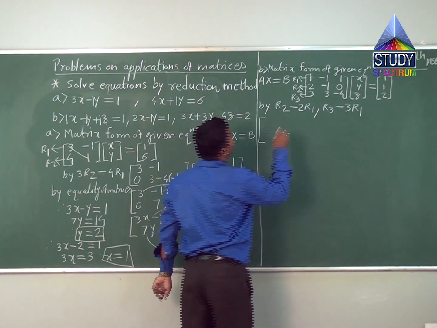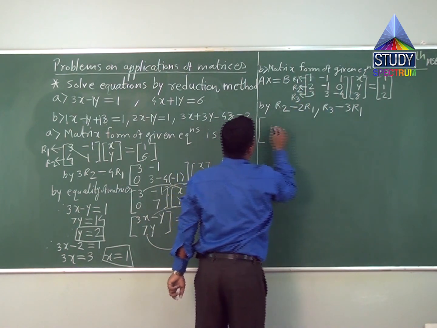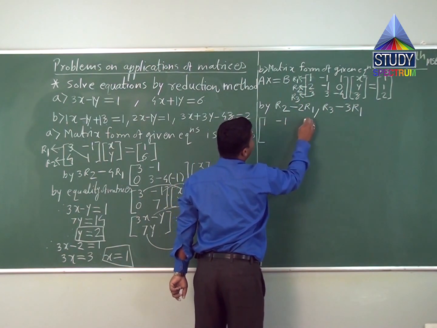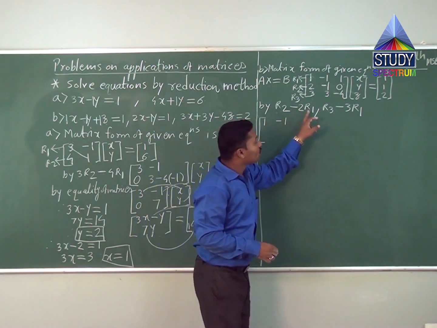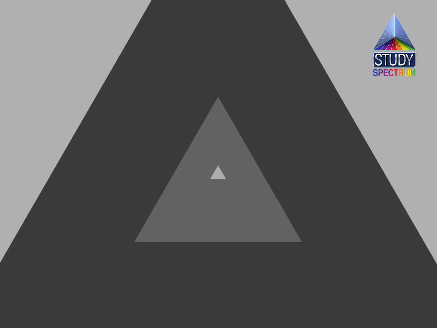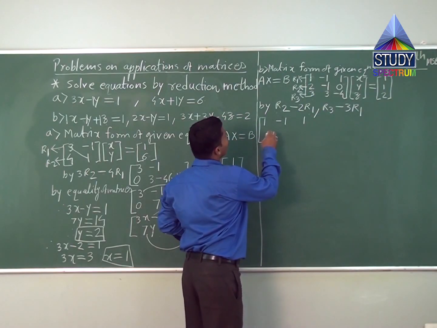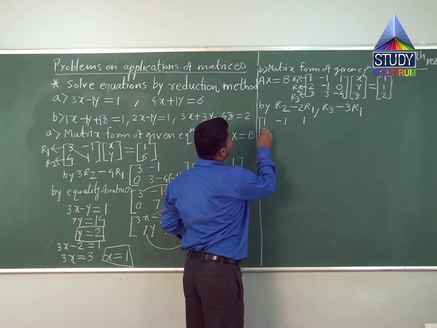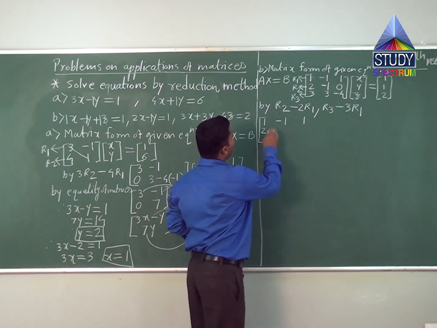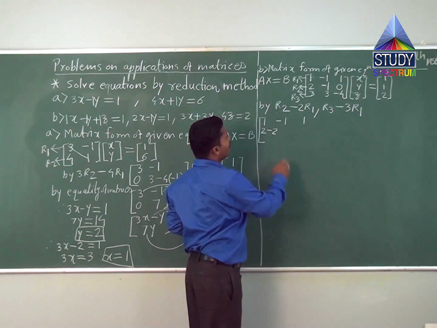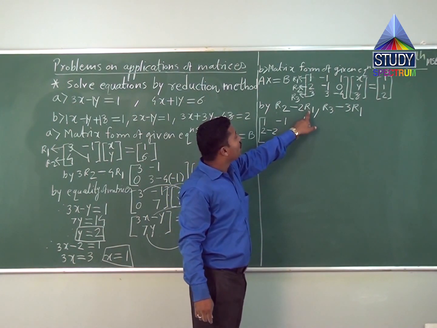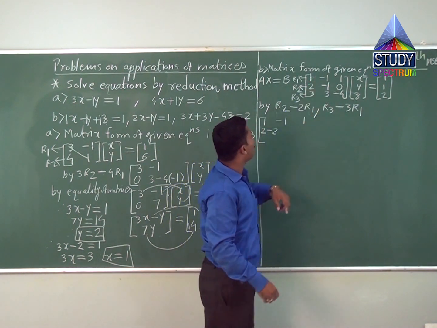So first row as it is: 1, -1, 1. R2 minus 2R1 means R2 is 2, minus 2 into R1. R1 means this first row, the first number 1.